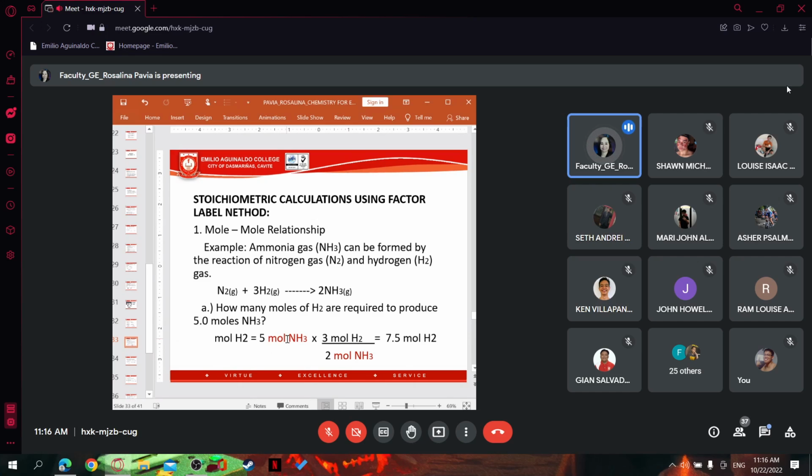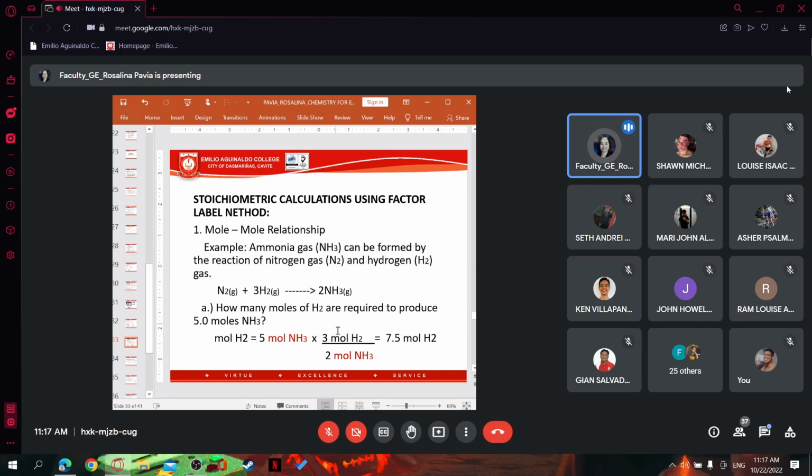Para ma-eliminate si mole ammonia, dapat meron kang mole ammonia sa denominator. So, kukunin mo siya dito: 3 moles H2 is to 2 moles of ammonia. So, you will get 7.5 moles of hydrogen gas. Some mole-mole relationship, as long as you know which are to be cancelled out, makukuha nyo kaagad, mabilis yung sagot.